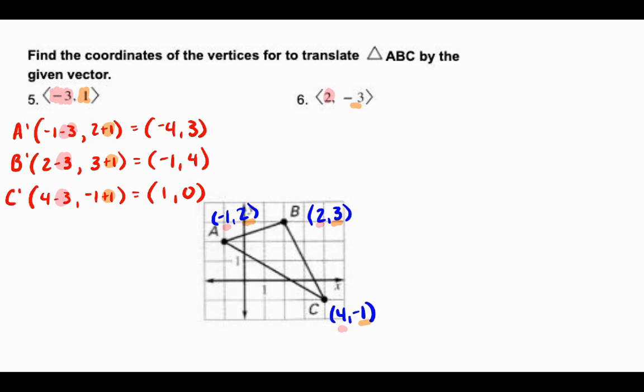So for problem 6, if we do the mental calculations, I have -1 plus 2 and 2 minus 3 for A prime. For B prime, it's going to be 2 plus 2 and then 3 minus 3. And for C prime, it's going to be 4 plus 2 and -1 minus 3.